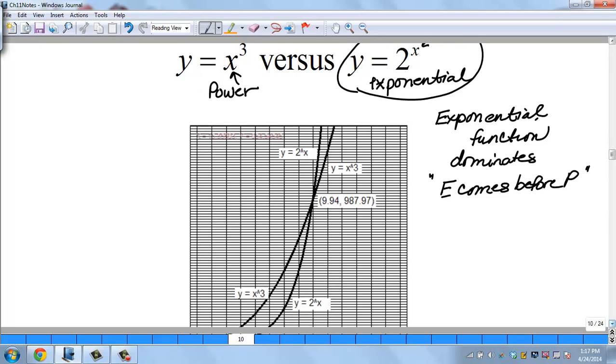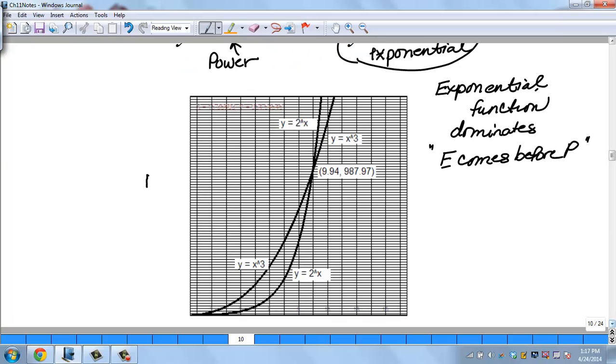So let's look at a couple here. I'm going to put it on this slide here. And we're going to compare. So let's do an example right here. So here's example 1. I have this function. So this is my first function. And here's my second function. You got to tell me which one dominates. So I'm going to make like a little table here.